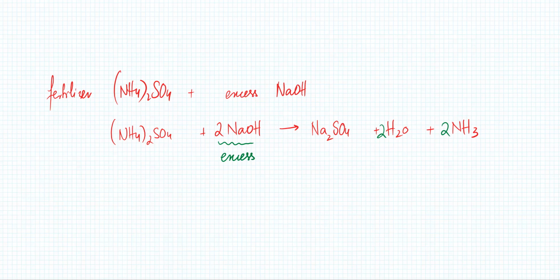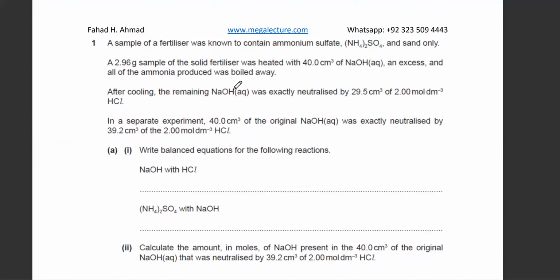So this is 2.96 grams, and remember, it's impure, it's a fertilizer which contains ammonium sulfate. The volume used is 40 cm cube. That's in excess. The question then states that after cooling, the remaining NaOH was exactly neutralized by 29.5 cm cube, 2 mole per dm cube HCl.